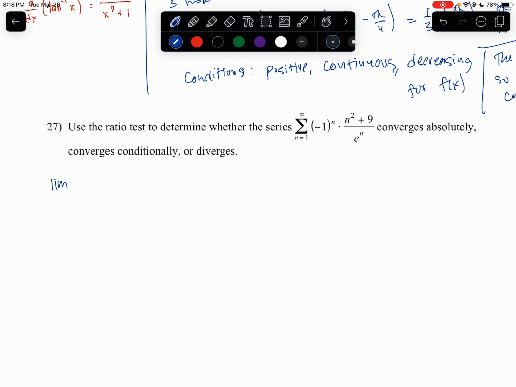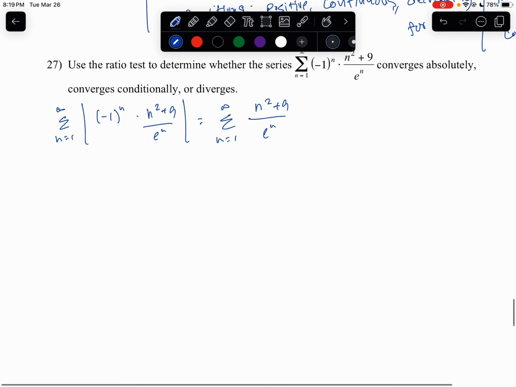So we're going to run the limit as n approaches infinity. The absolute value, I'll be explicit about this rather than implicit. The series n equals 1 to infinity, the absolute value of negative 1 to the n times n squared plus 9 over e to the n, is equal to the series n equals 1 of n squared plus 9 over e to the n.